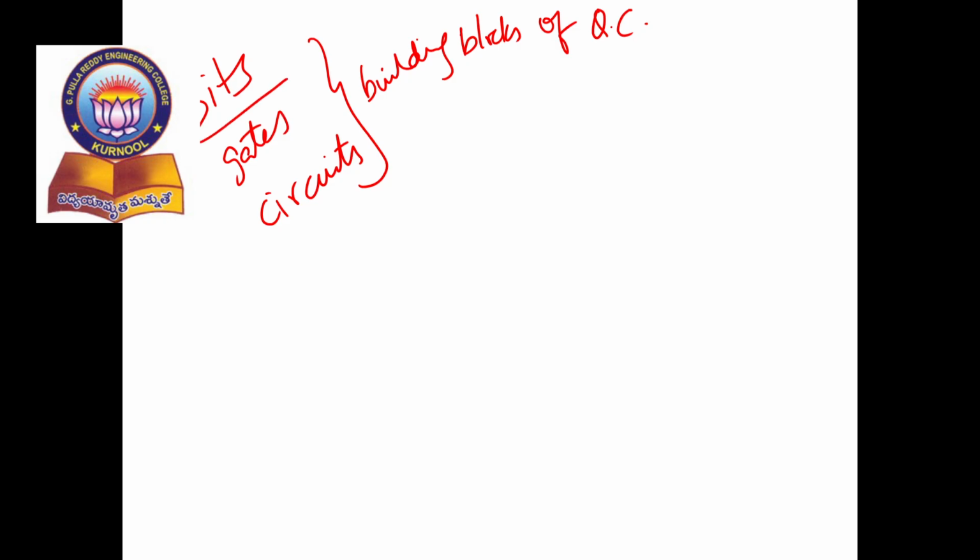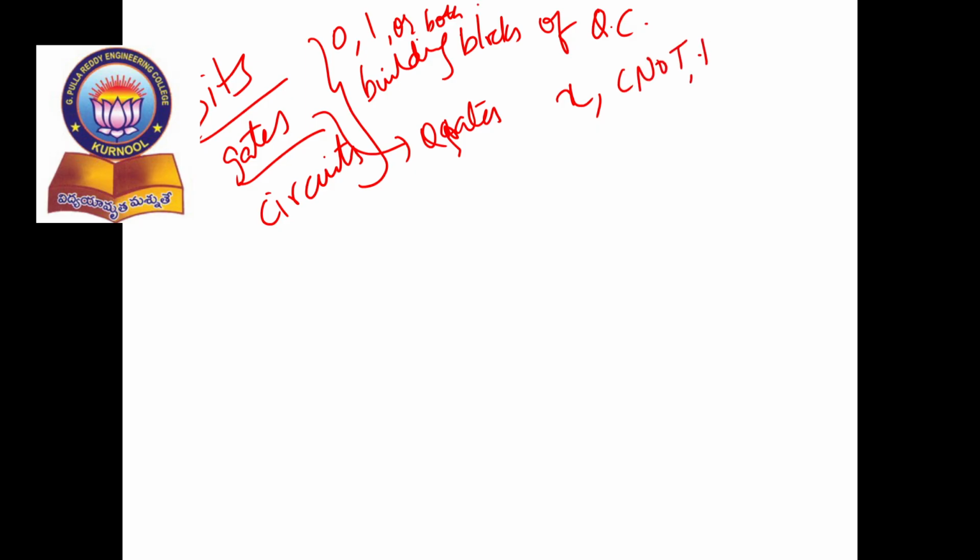Bits are the qubits, which include 0, 1 or both. Gates are the quantum gates, like the Pauli X gate, T naught gate, Hadamard gate, and CC naught gate. These are the quantum gates.